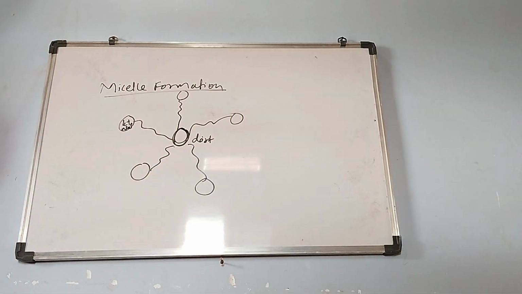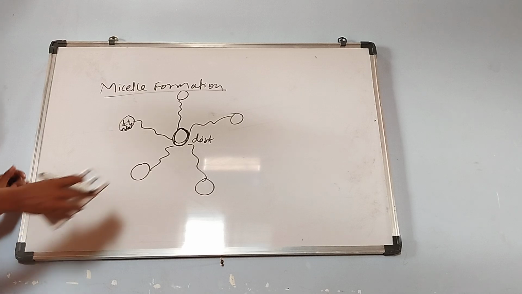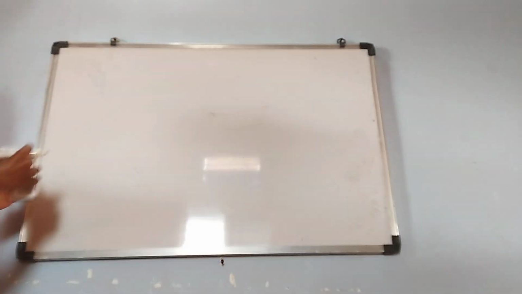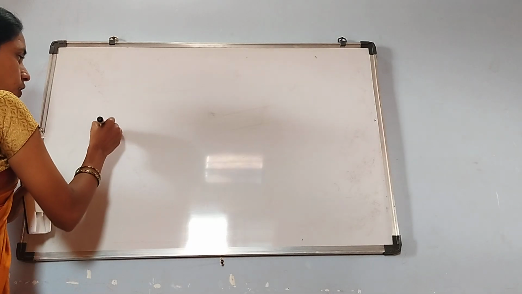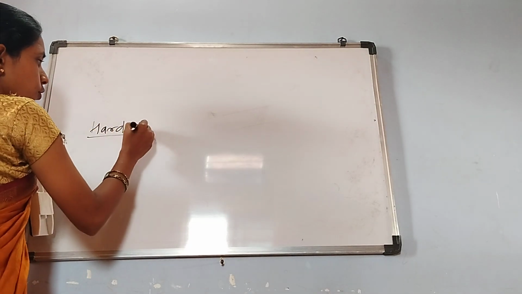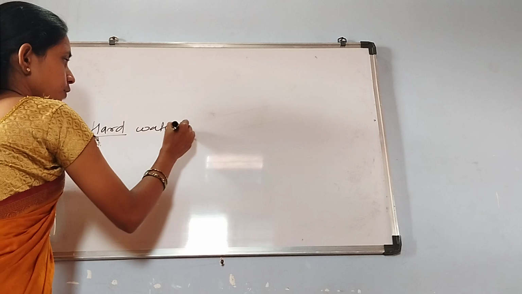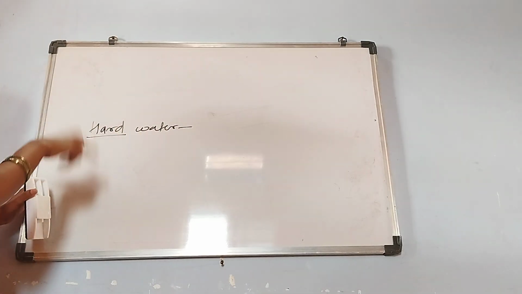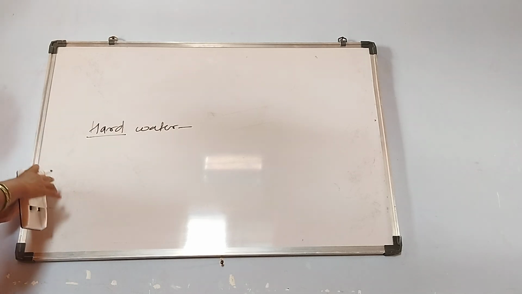Now we will discuss the difference between detergent and soap. Before that we have to discuss hard water. Already I discussed, in hard water there will be magnesium and calcium, these two. So that is the reason it will work in the case of detergent only, not soap. Soap works in soft water.